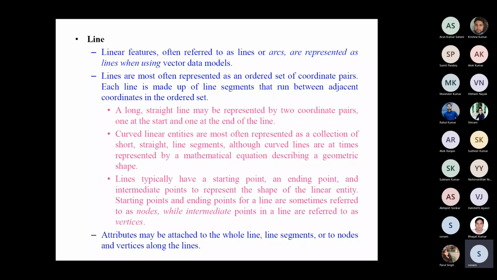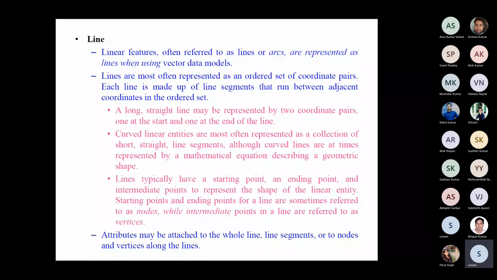Polyline means that there will be a collection of points. There will be an ordered set of points in case of polyline, where the first and the second point will be connected by a straight line. Second and third point will be connected by a straight line, and so on. So each point is connected to the next consecutive point by a straight line. This is how a polyline is generated.